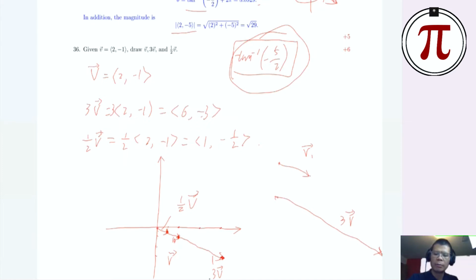And then you have 1/2, half V. In other words, you do not have to put those position vectors in one XY coordinate system. You can just do it like this one, this one as well. Either one works.